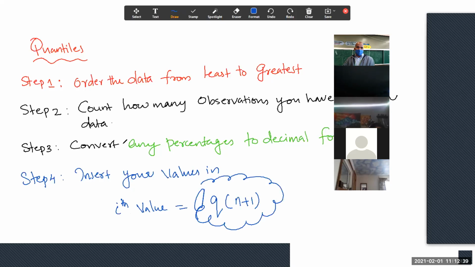Q is here. You may have a percentage mentioned in the question. That percentage you convert into decimal. That value represents the Q. And n represents, in step 2, how many observations you have in your data. That number of observations represents n.